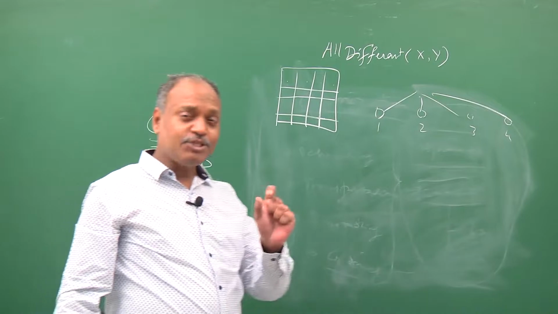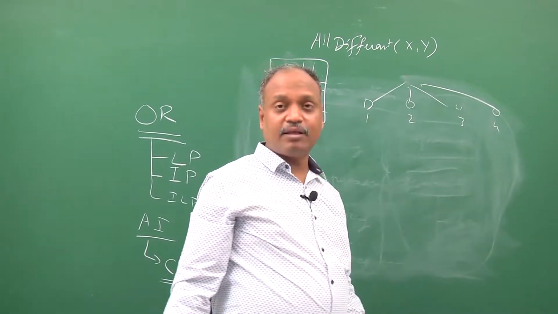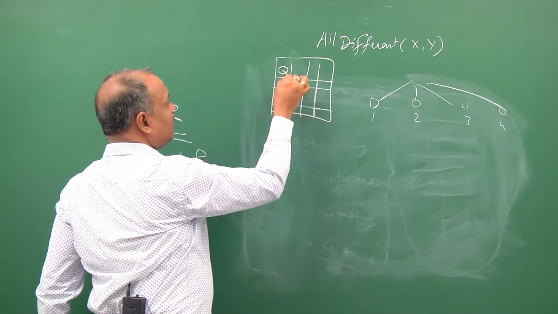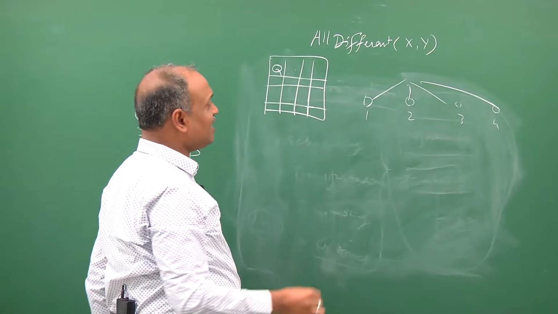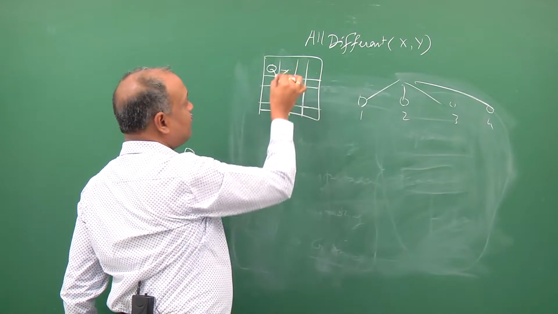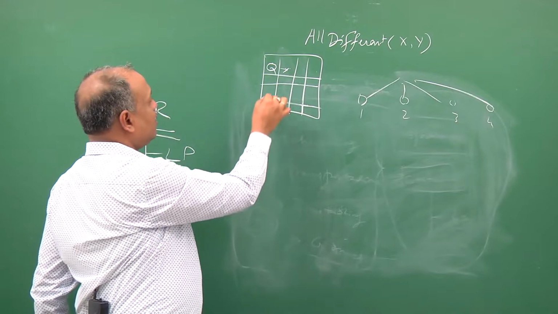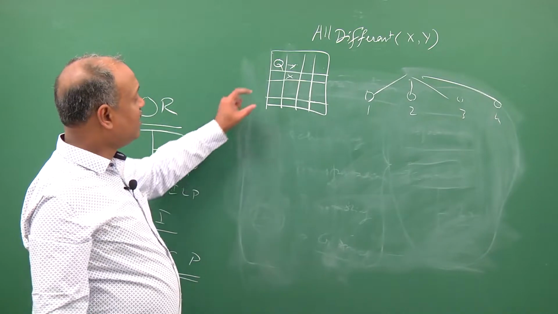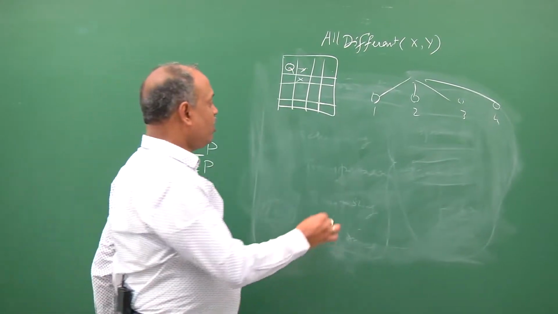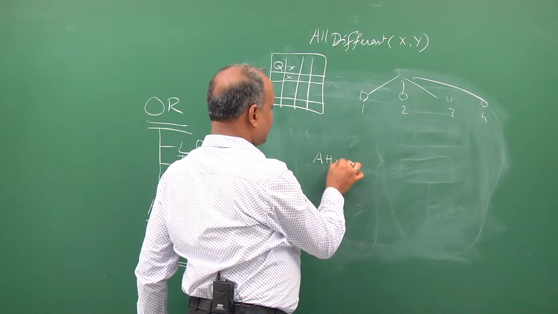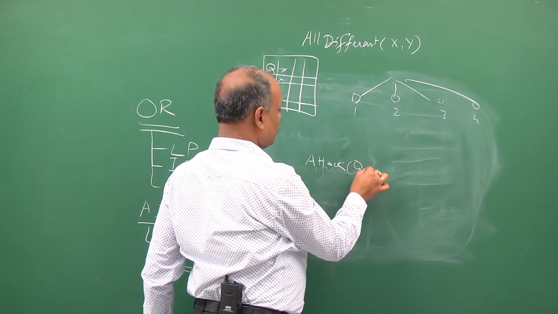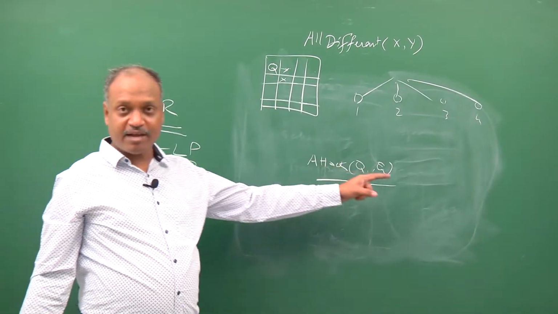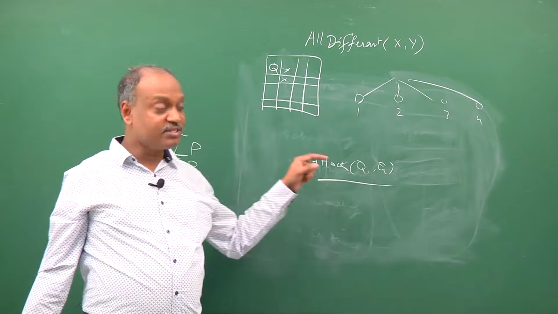But now, once you place the queen in the first position, for the second queen you're automatically excluded from placing it in some positions because they will attack each other. So we can say there is something known as attack(Q1, Q2), which is true if they are on the same diagonal, the same row, or the same column.